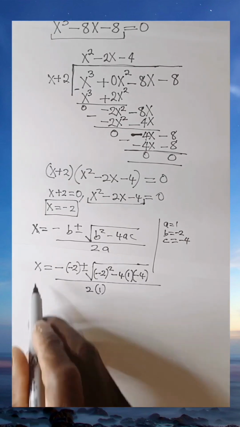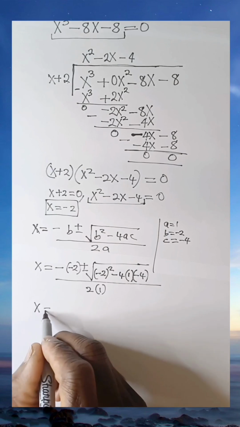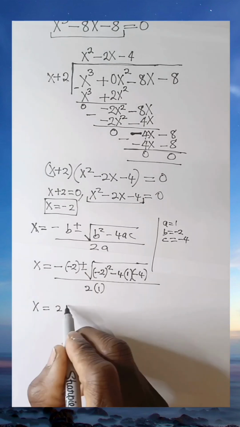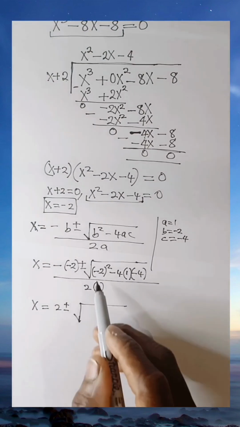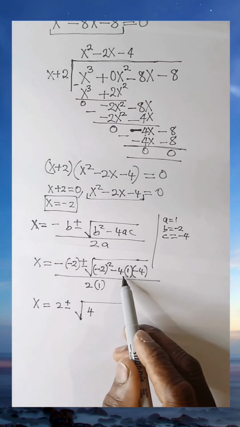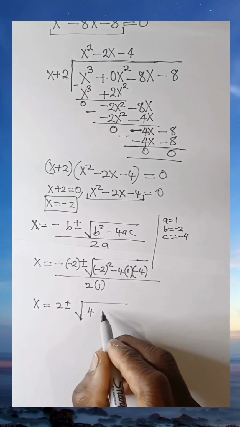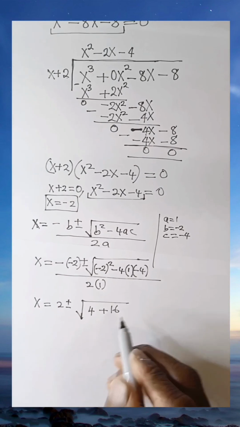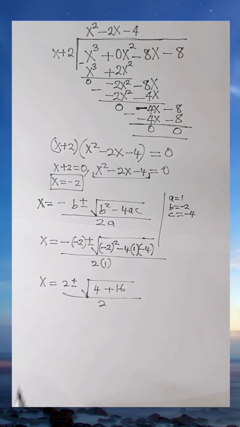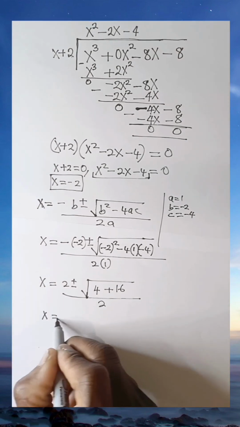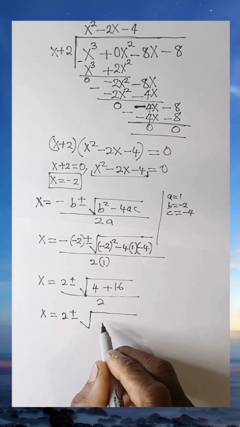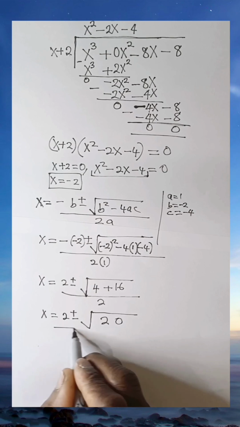All right, so we have x is equal to minus times minus 2 will give us 2. Then plus minus the square root of minus 2 squared, which will give us 4, minus 4 times 1 times minus 4, which will give us plus 16, divided by 2 times 1, which will give us 2. We have x is equal to 2 plus minus the square root of 4 plus 16, which will give us 20, divided by 2.